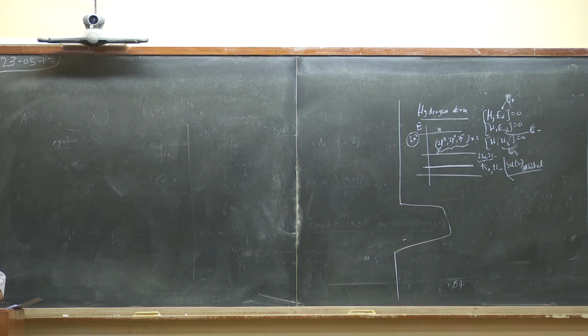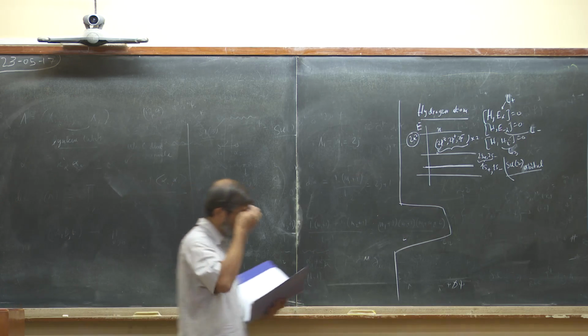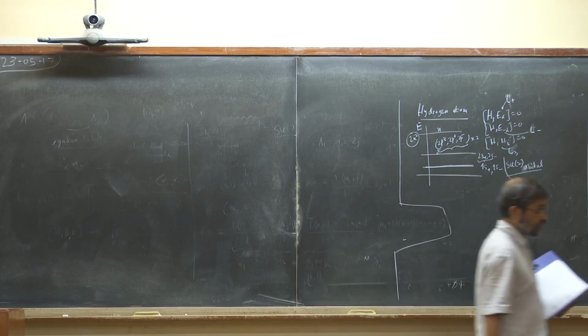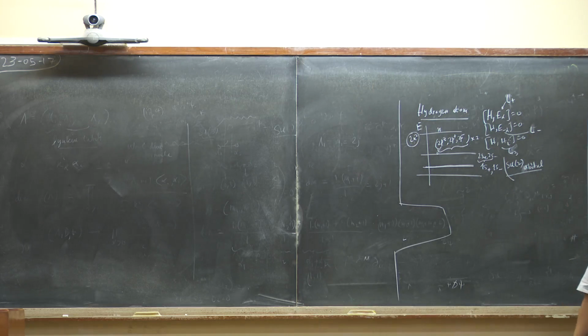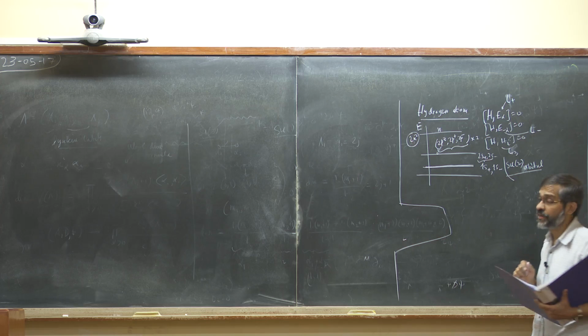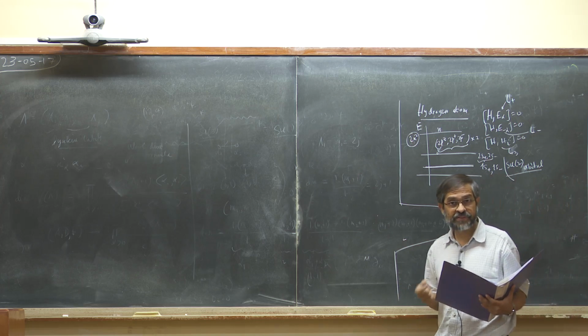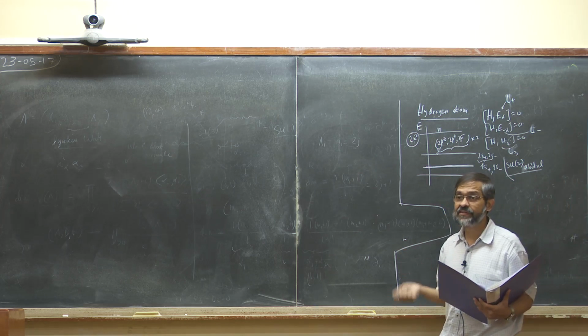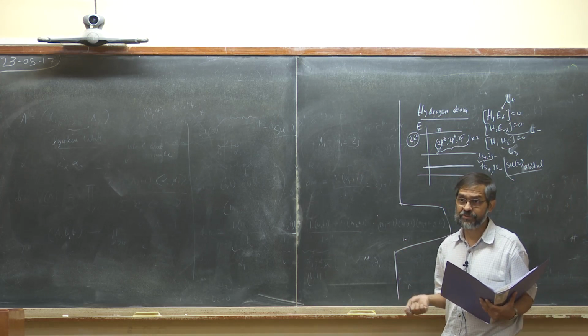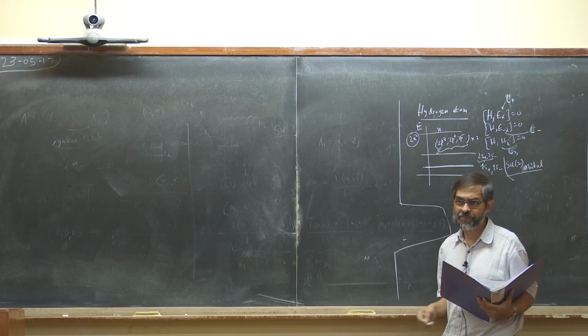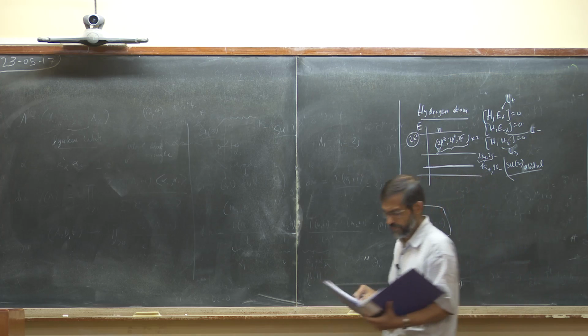So what happens is that, because electrons are fermions, you have to ensure that the electron wave function is antisymmetric under exchange of quantum numbers. As a result, there is an exchange interaction that comes into play. Everybody is familiar with this? Okay.